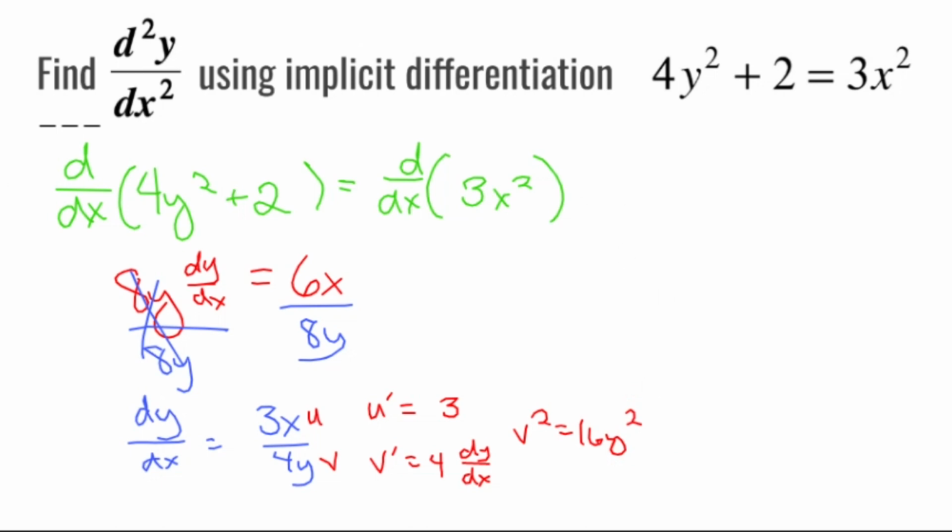So quotient rule, if you forgot, I'll write it up here, is u prime v minus v prime u all over v squared. So let's put it all together.